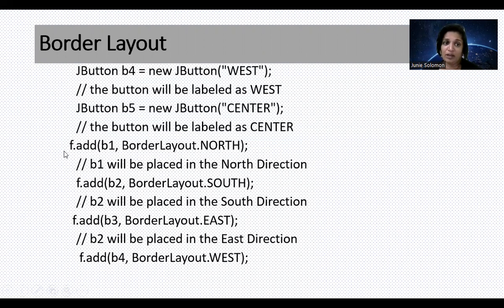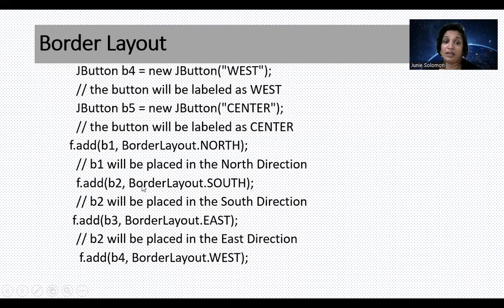So finally I'll be adding with f.add. Normally you can simply add to a frame's object with add. But in the case of border layout, you have to tell which region you are adding to. So B1 is added to the northern region. How do I say northern region? I should say BorderLayout.NORTH.